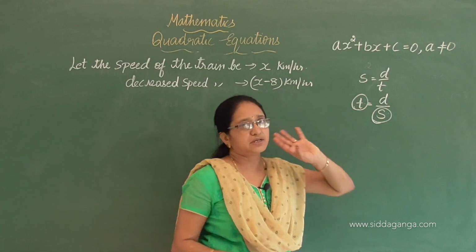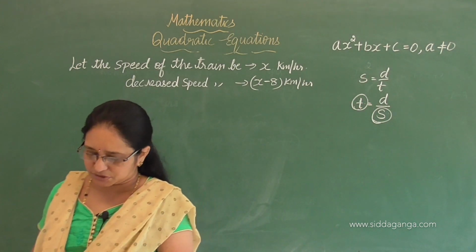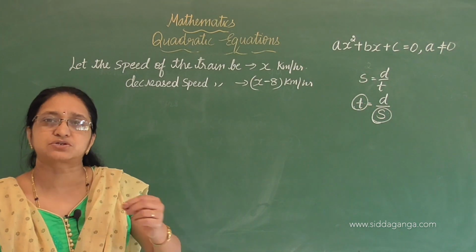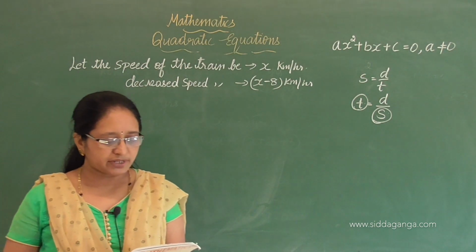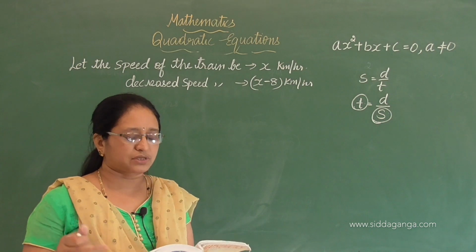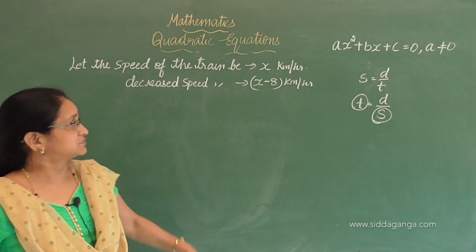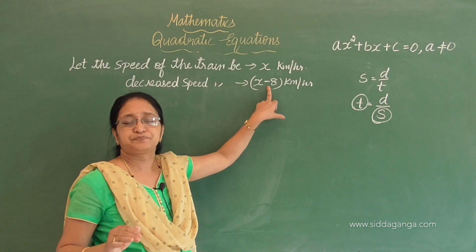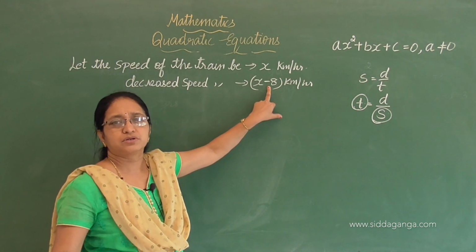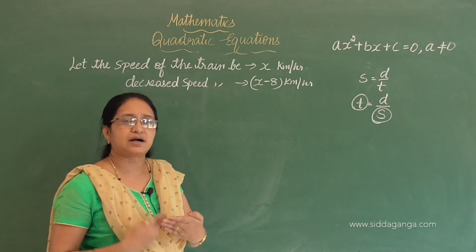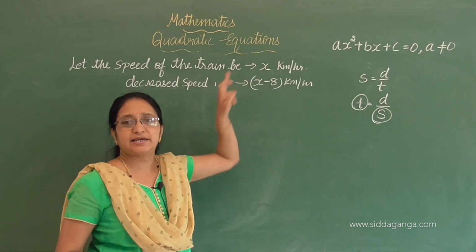So, now here they have given a clue, and with this clue you have to frame the equation. See, it would have taken 3 hours more to cover the same distance. It means when the speed is decreased, the time will be 3 hours more than what would have been taken when the speed is x.